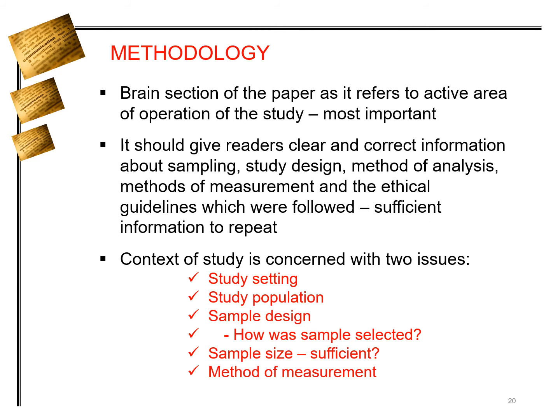It should give us clear and correct information about sampling, study design, the method of analysis, methods of measurement, and whether ethical guidelines were being followed or not. And a good methodology would be an account in which we have sufficient information should we want to repeat the study.